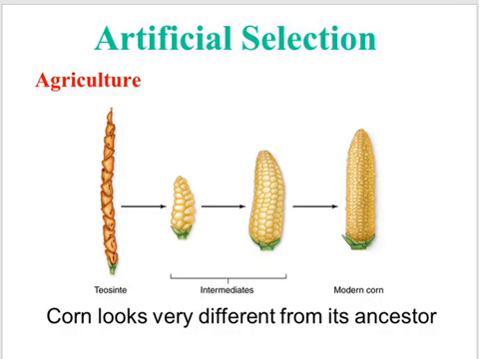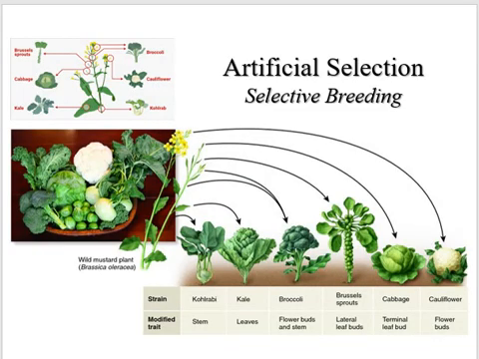So they were manipulating or would only allow the plants and animals with desirable characteristics to reproduce. And that process is called artificial selection. So artificial selection is a process by which humans have modified species over many generations by selecting and breeding individuals that possess desired traits.